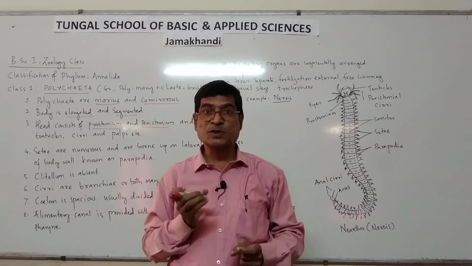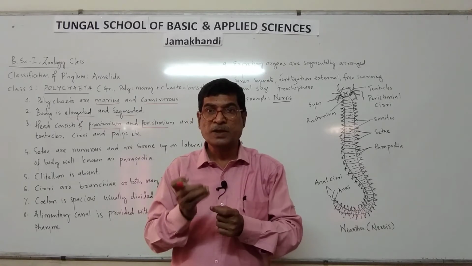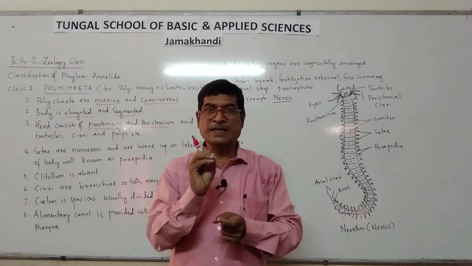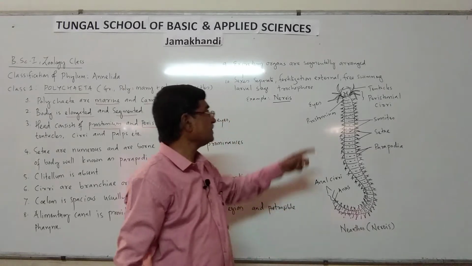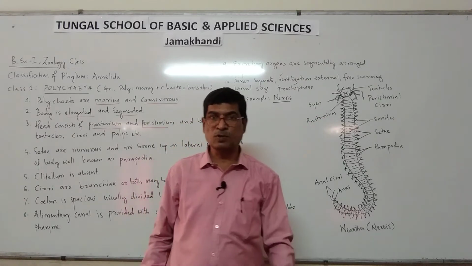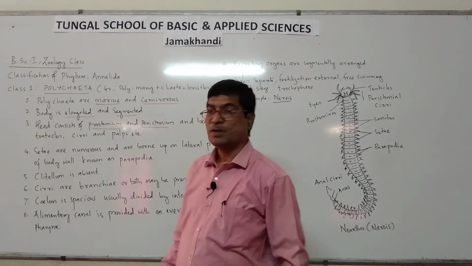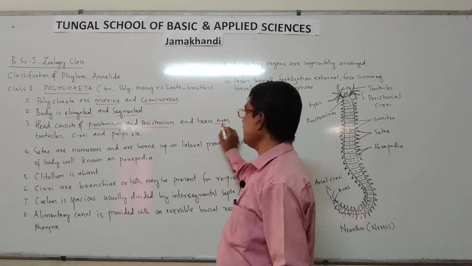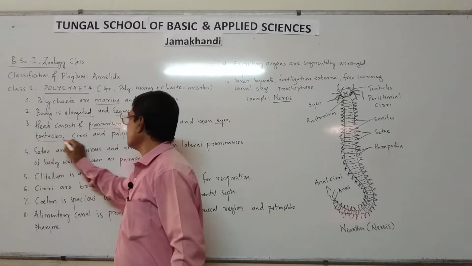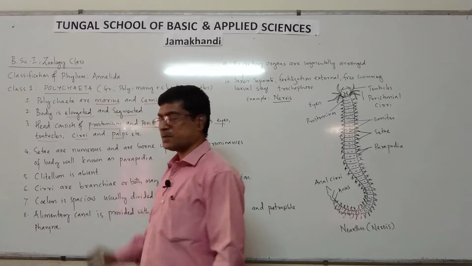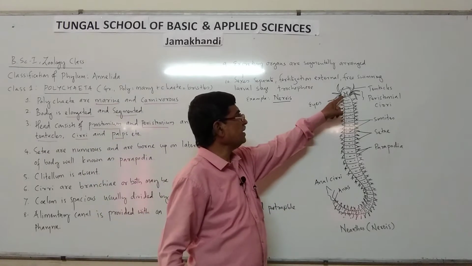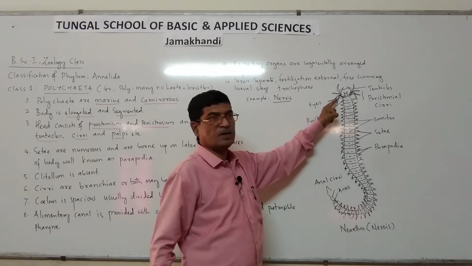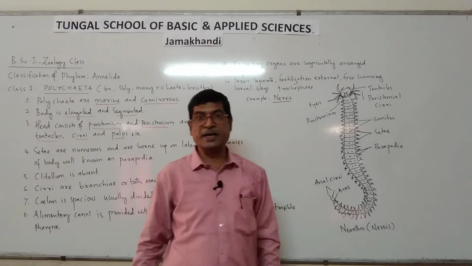Prostomium is the part of the body extended in front of the mouth. So the head has prostomium and peristomium, and bears eyes, tentacles, cirri, and palps. Eyes are here, tentacles are present, peristomial cirri are there. All these are present in the head region.